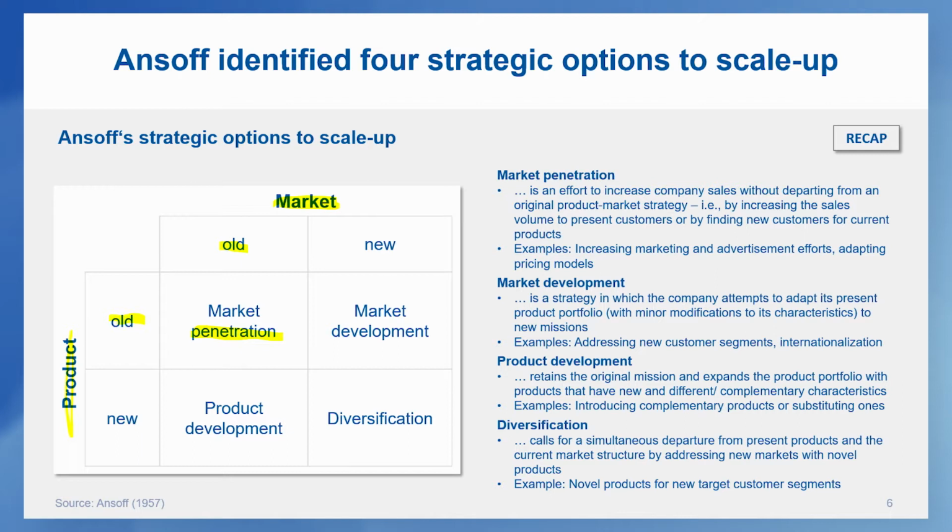And then you can either choose new markets, so develop markets with the old products, or develop new products in old markets, which is product development versus market development, or you can go in a totally new area into diversification, which is probably the most difficult to do. But this is how Ansoff described how companies basically can structure their growth strategies.